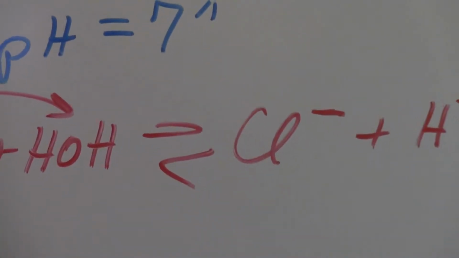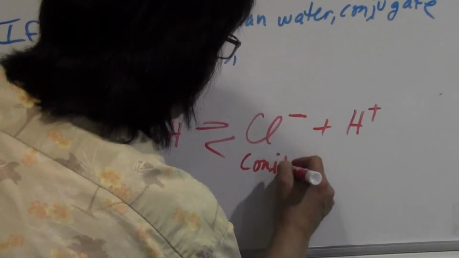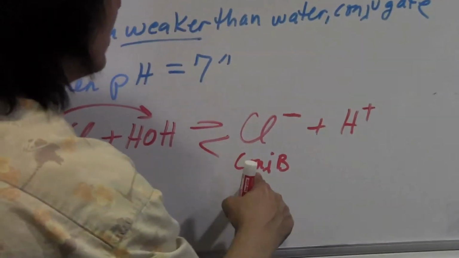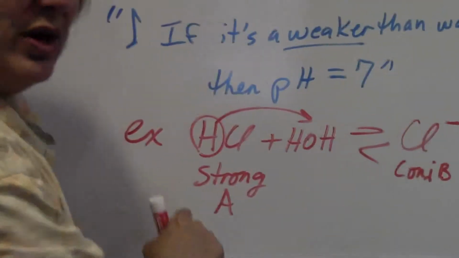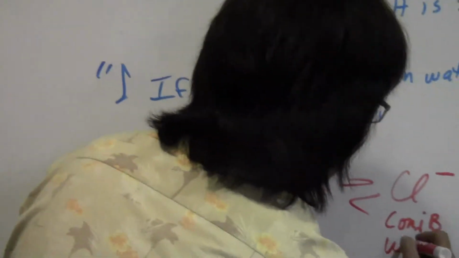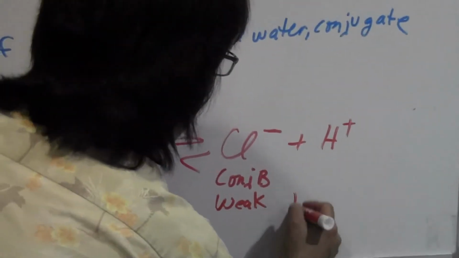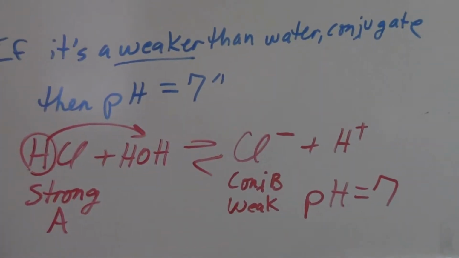So this strong acid has become a conjugate base. Is that conjugate base a stronger base than water? Since it's coming from a strong acid, the conjugate base is weak. If the conjugate base is weaker than water, right away, without any calculations, we know the pH of that solution.